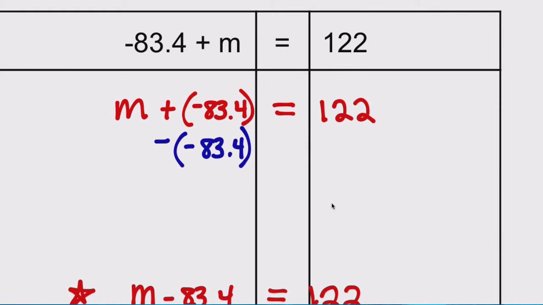Subtraction means to add the opposite. So if I add the opposite, I would be adding the opposite of a negative 83.4, which, Anna, is what? The opposite of a negative is a positive. So the subtraction is adding the opposite. It's the same thing as adding a positive 83.4.